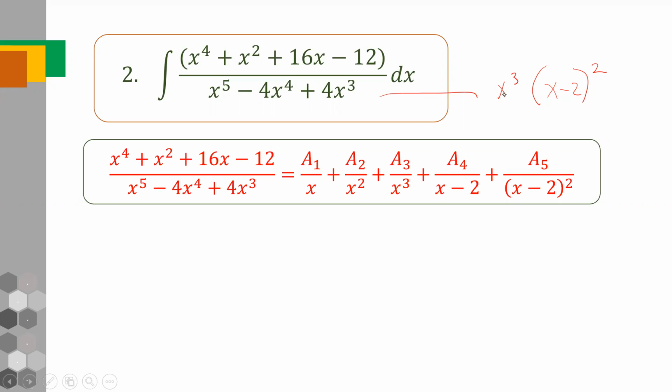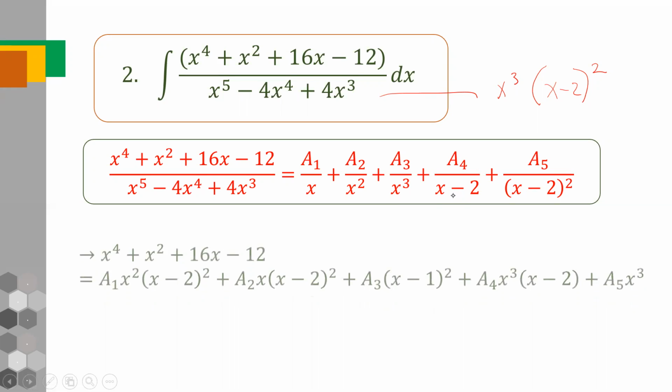So here we have three components for x³: one for x, one for x², and one for x³, and two components for x - 2: we have x - 2 and (x - 2) squared. We can use coefficients a1, a2, a3, a4, a5 for the numerators of these fraction components.